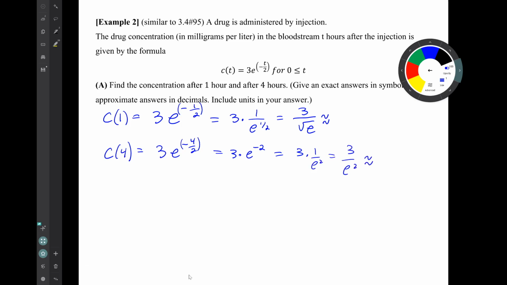All right, so C parentheses 4 is 3 over E squared. So now let's get approximations for these. So when you type these into a calculator, you get roughly 1.82 and 0.41. Now we are asked for concentration, so we have to give these answers with units.